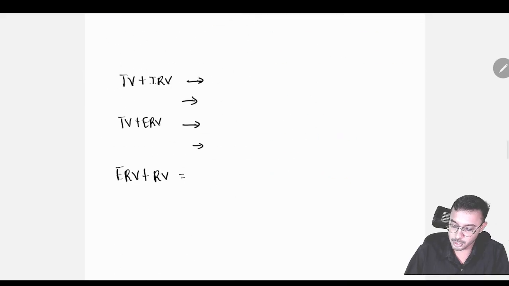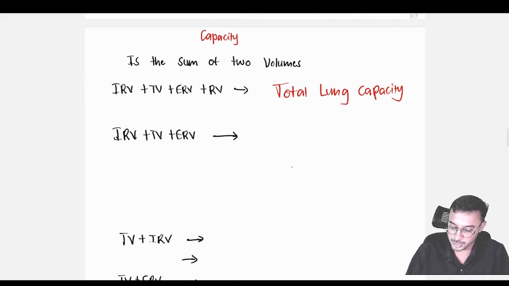Put all these values over here, and tell me how much it comes to. IRV is 3, TV is 0.5, ERV is 1, plus RV 1, so 3, 4, 5, and the total lung capacity is 5.5 liters.